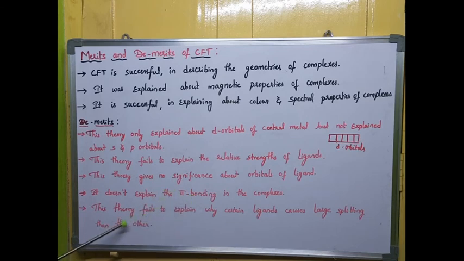This theory also fails to explain why certain ligands cause larger splitting than others. We have seen some ligands give more splitting and some ligands give only small splitting in the d orbitals. Why they cause large and small splittings is not clearly explained by this theory. These are the merits and demerits of crystal field theory.